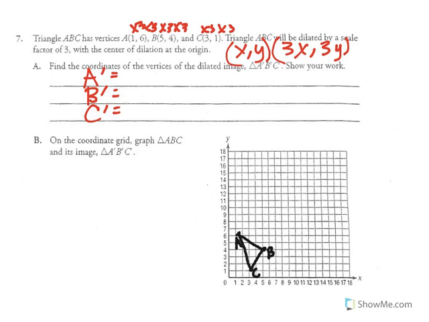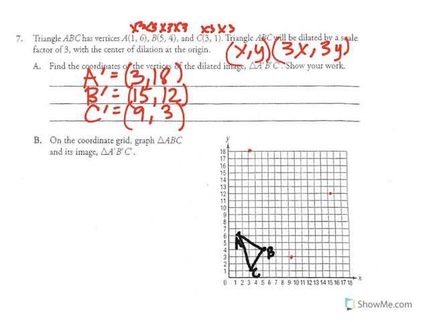So 1 times 3 is 3, 6 times 3 is 18, 5 times 3 is 15, 4 times 3 is 12, 3 times 3 is 9, and 3 times 1 is 3. So you're going to plot these new coordinates. Okay, so you would plot the new coordinates.